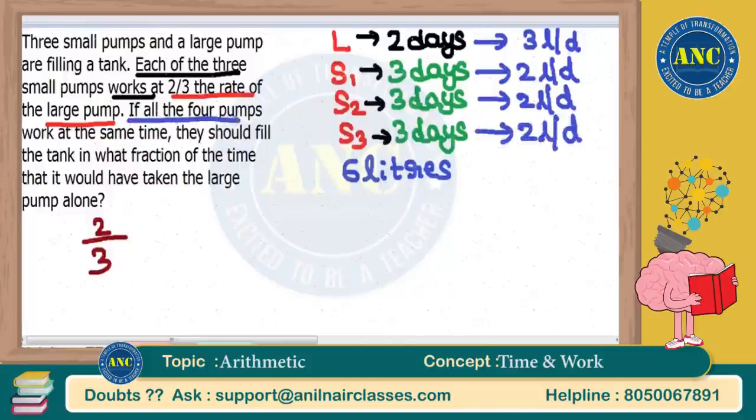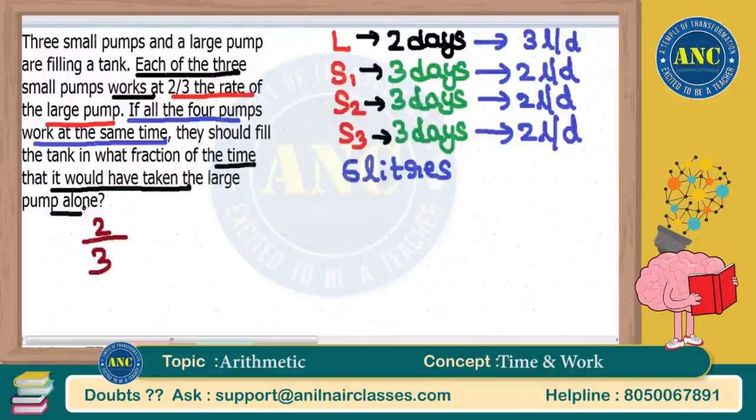If all the 4 pumps work at the same time, now every one of them is working, right? L plus S1 plus S2 plus S3, all of them are working. They should fill the tank in what fraction of the time the large pump alone would have taken.